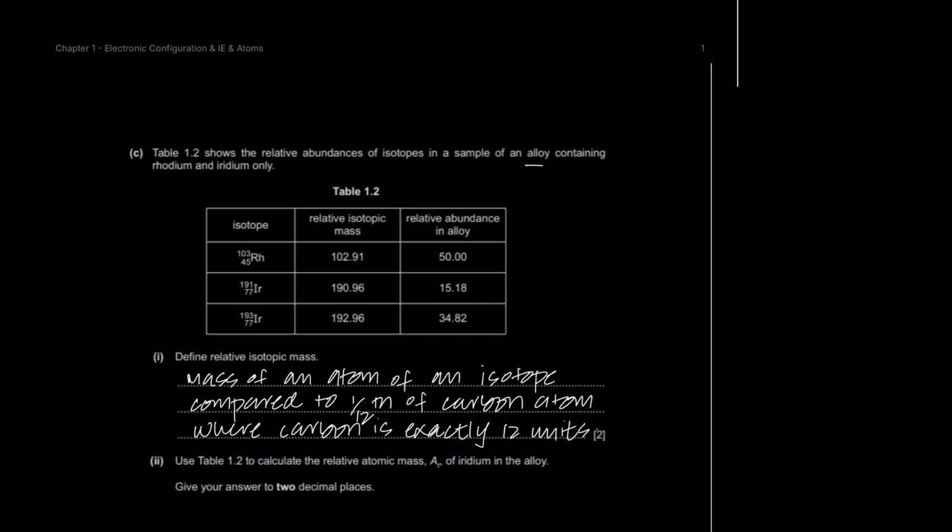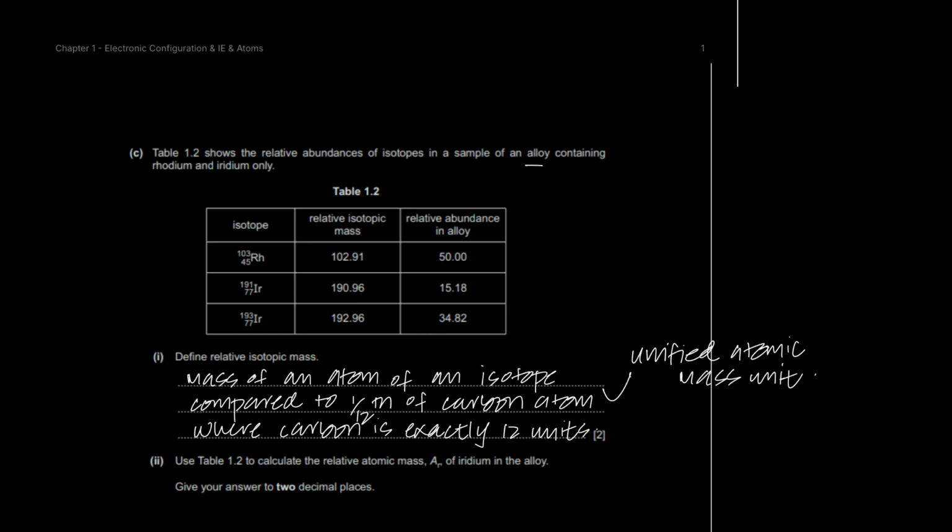And you could have also defined it like this: the mass of an atom of an isotope, and you know what the mass of 1/12 of a carbon atom is called? That's actually called the unified atomic mass unit.